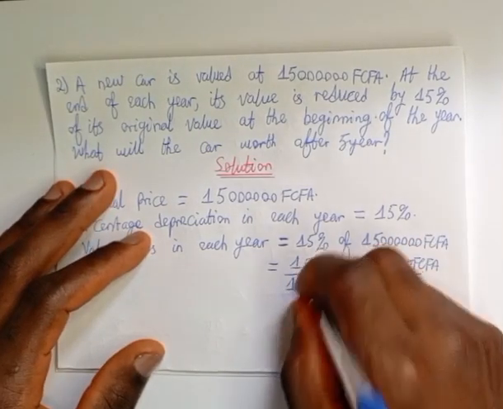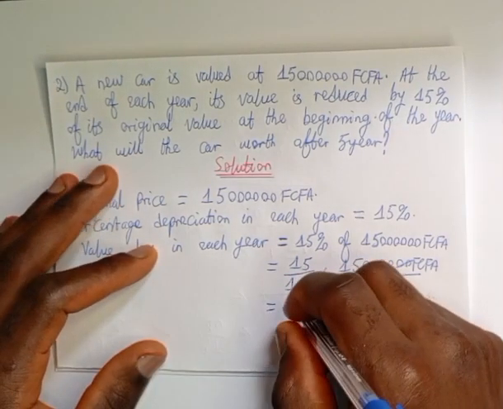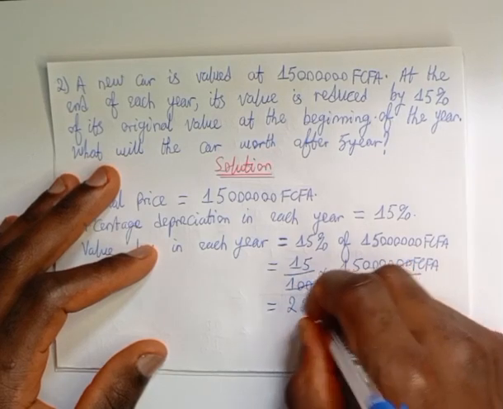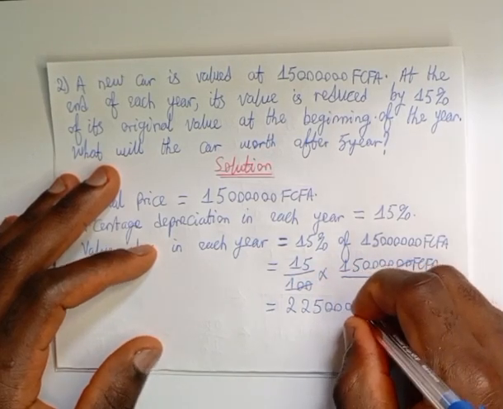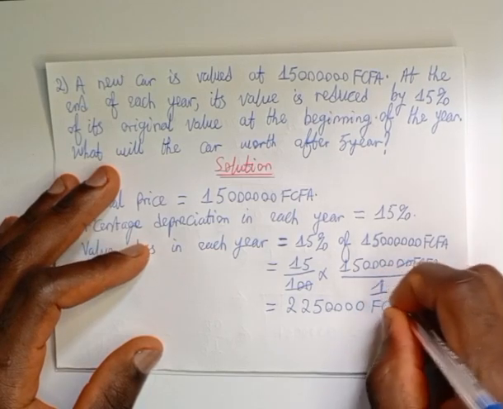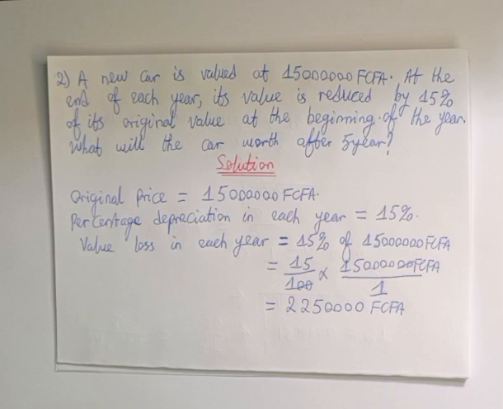These two zeros will strike off. We'll be left with 150,000 times 15, which gives us 2,250,000 francs CFA. So this is the amount lost each year.